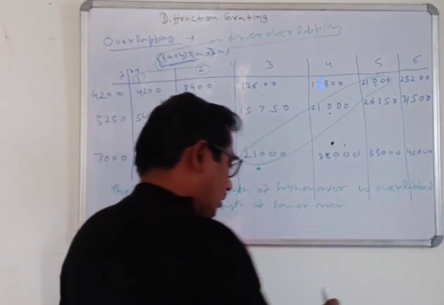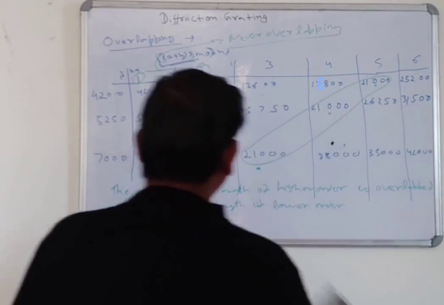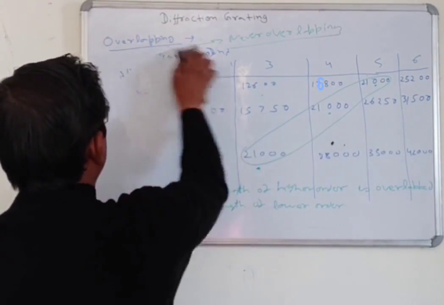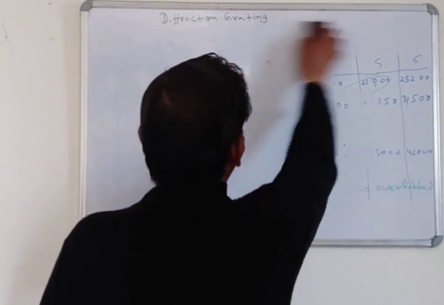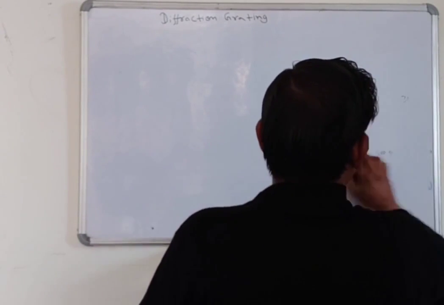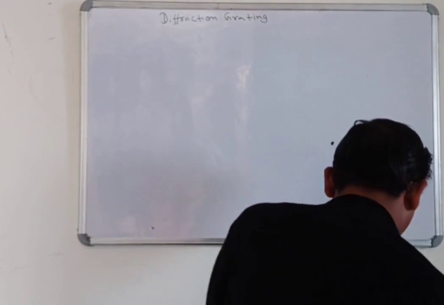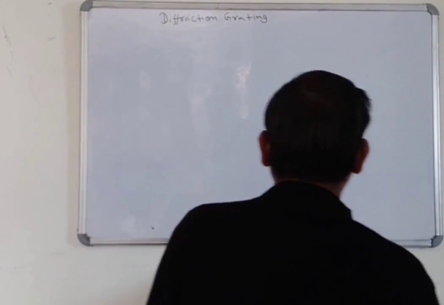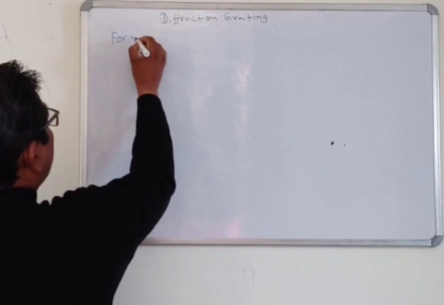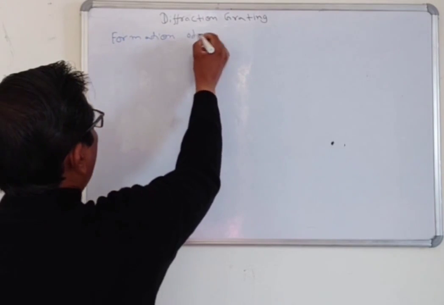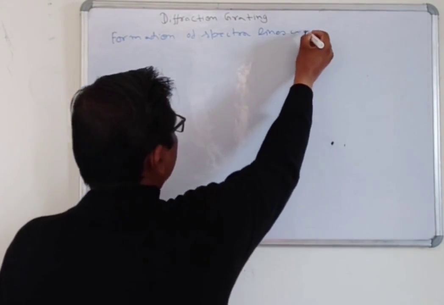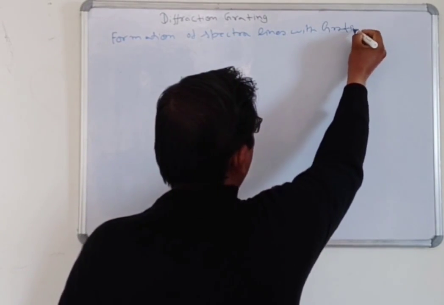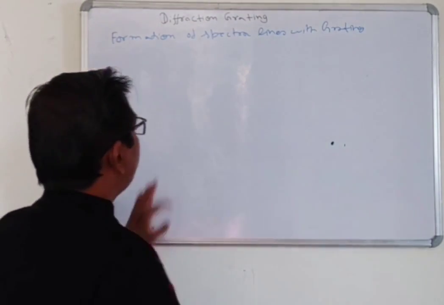Now we will discuss the formation of spectral line with grating. What is the meaning of formation of spectral line with grating?